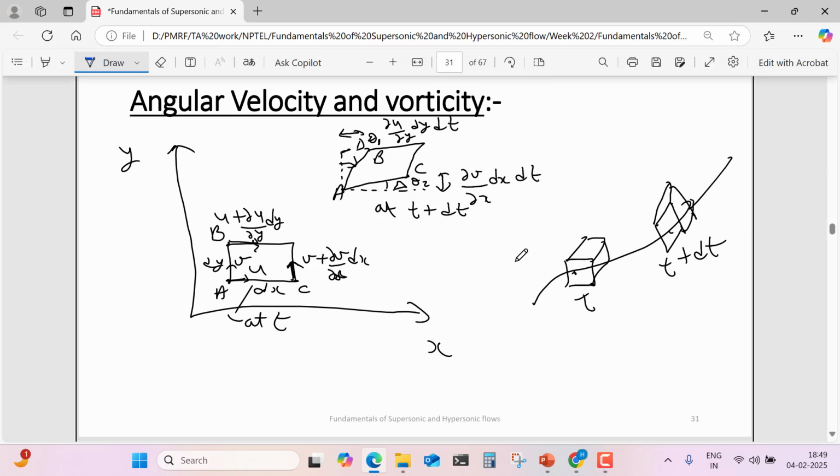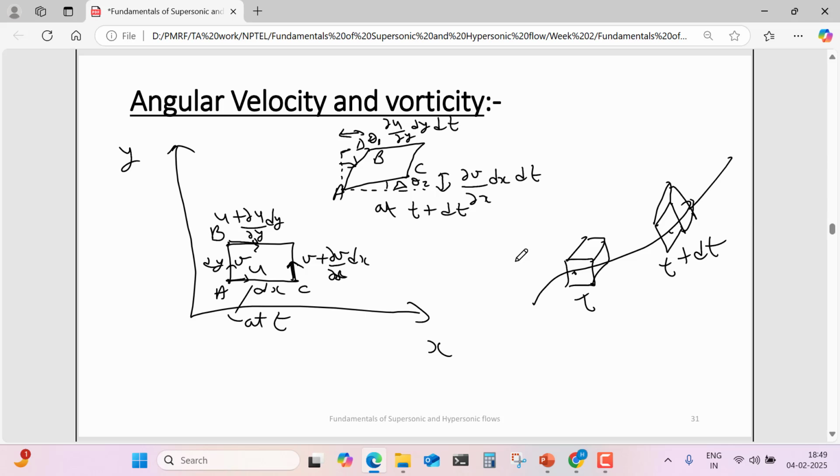For the governing equation, there are some important terms also, like angular velocity and vorticity. Let's say there is one fluid particle. This is one fluid particle, and at point A it has velocity u and v.